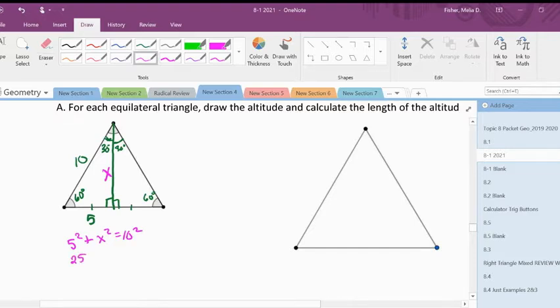That's 25 plus x squared equals 100. Subtract 100 from both sides, and I get x squared equal to 75. And now I'm going to take the square root of both sides, and I'm going to get x equal to the square root of 75.